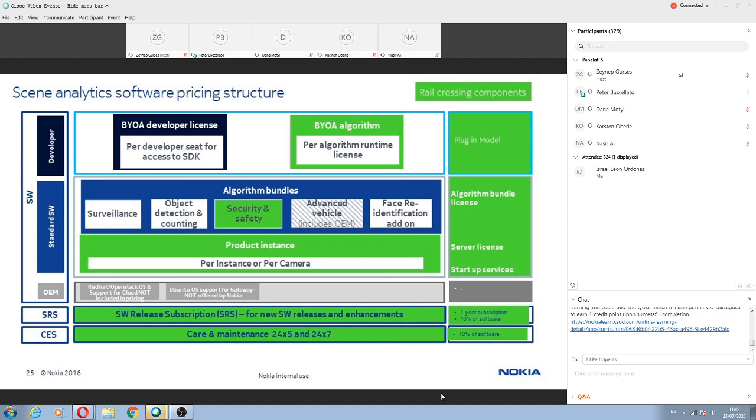From a license perspective, what we do within Scene Analytics is we already talked about that gateway server component.